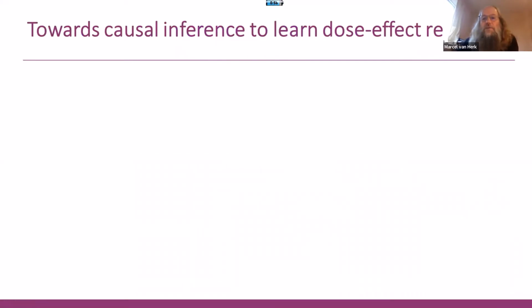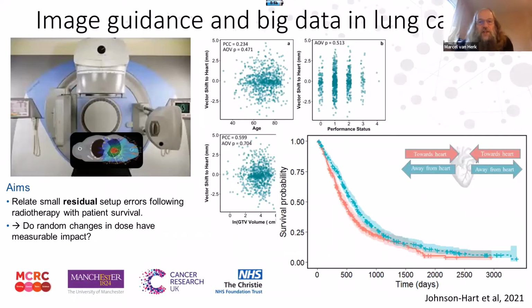Now, the last example that I want to show is going towards causal inference to learn dose-effect relationship. This starts with an observation that Corinne Johnson-Hart made using data in our center. If you have a treatment plan of a patient with a tumor close to the heart, then obviously we try to spare the heart when treatment planning.